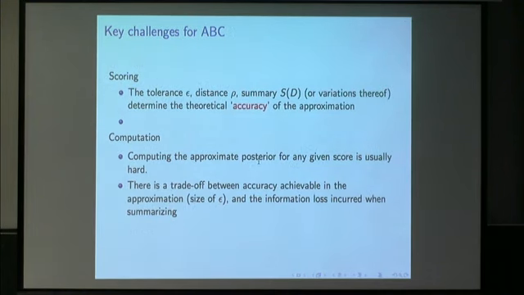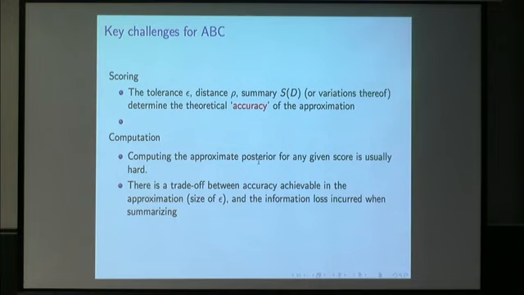So what are the key challenges then for ABC? There are two aspects, and I'll talk about both. One is the scoring problem. We normally score in statistics the quality of a parameter according to the log likelihood function. Given a theta, I compute the log likelihood, and that tells me how good that parameter theta is. That's the score I use in both classical and Bayesian statistics.